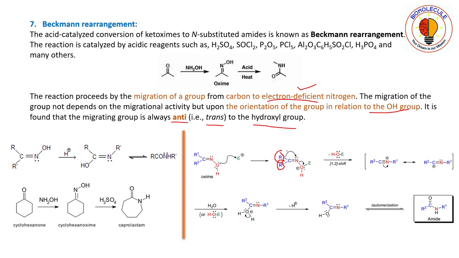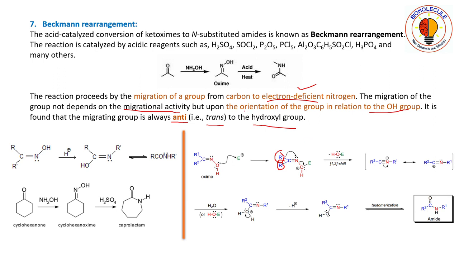Okay, so now which group will migrate, that does not depend on the migrational aptitude. Okay, in Baeyer-Villiger oxidation reaction, I have told you about the migrational aptitude, but here this migrational aptitude will not be taken into consideration.